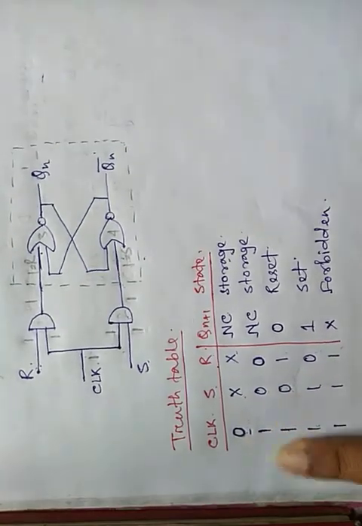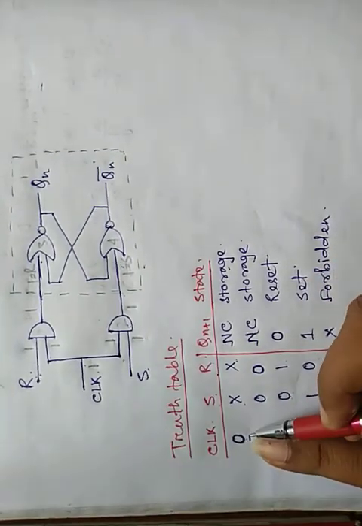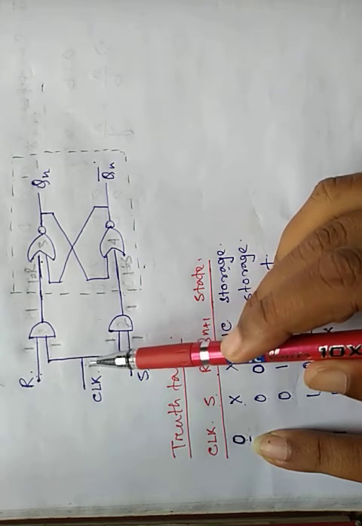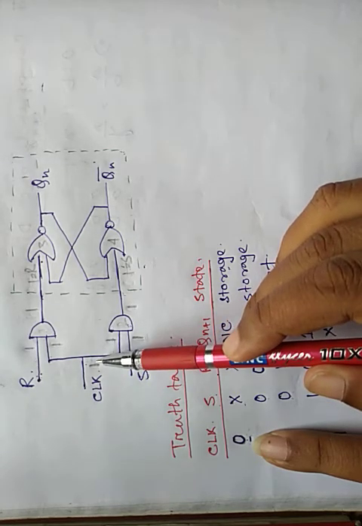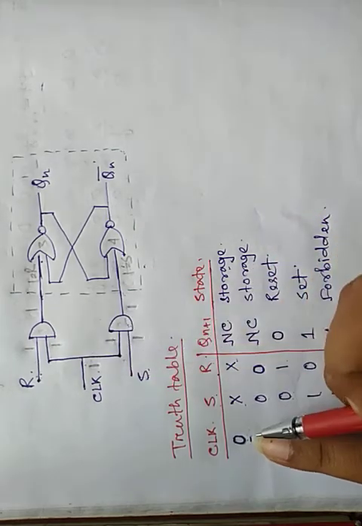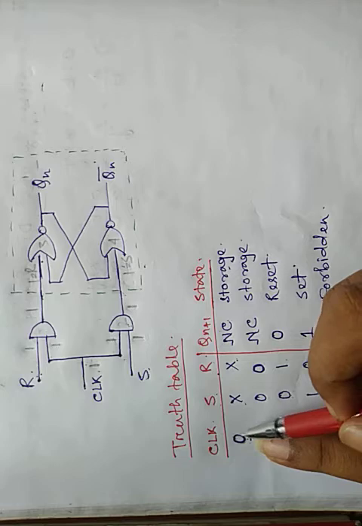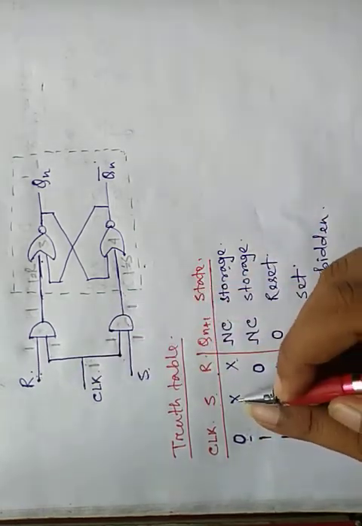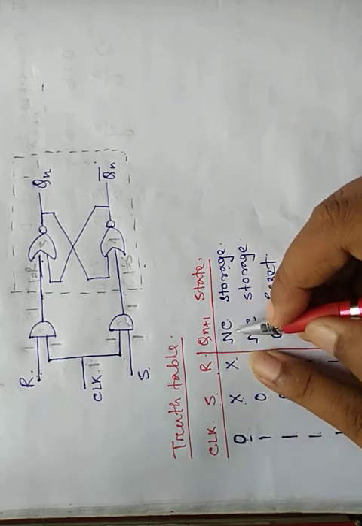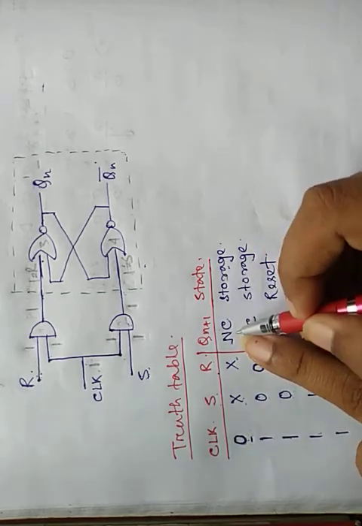Whenever the clock is 0, the flip-flop is in the low state of clock, the low level state, or we can say low level triggering. When clock is 0, whatever be the value of SR, the next state has no change.